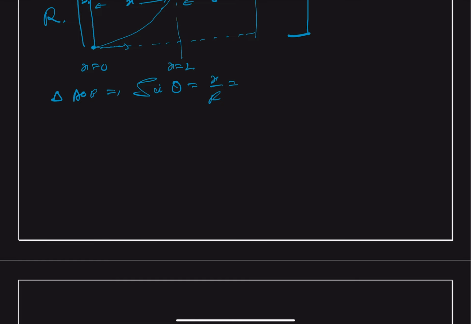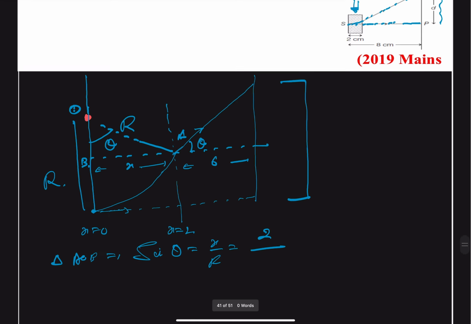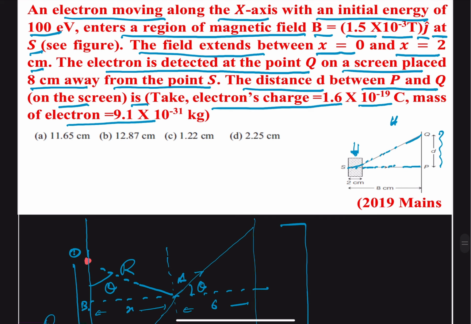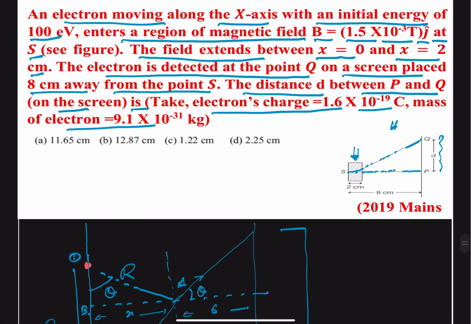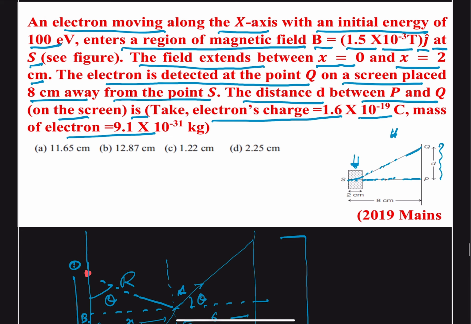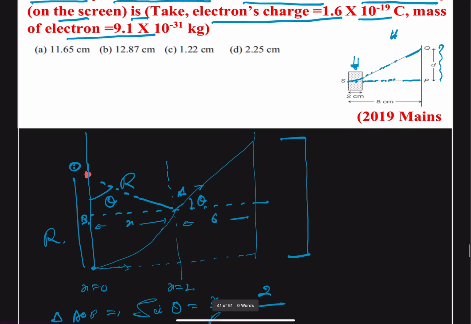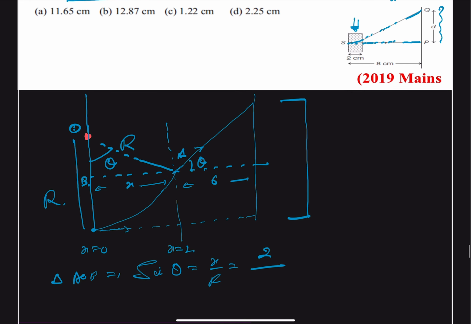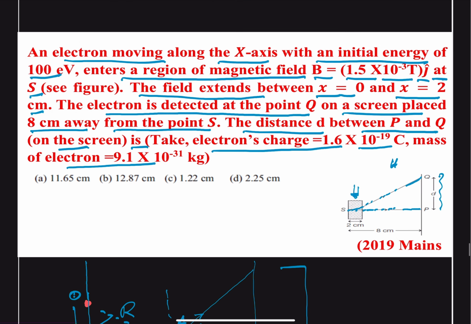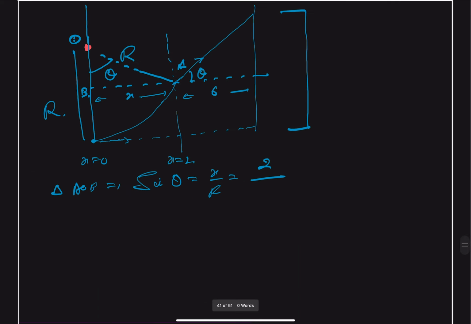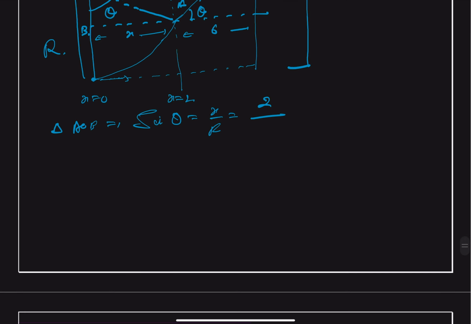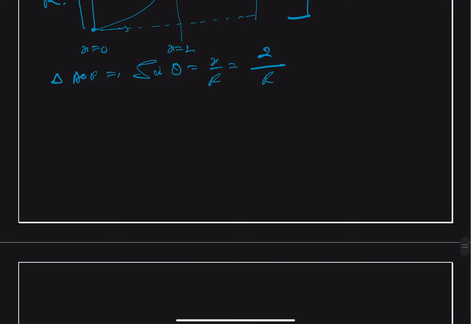X is our 2 and radius we need to find out. Radius is not given to us. But in spite of radius, we are given that it is having an initial energy of 100 electron volt. So let me put this R and let me find out the value of R.